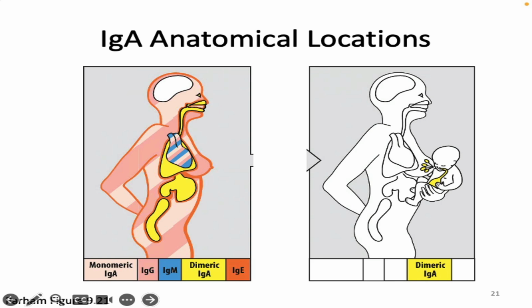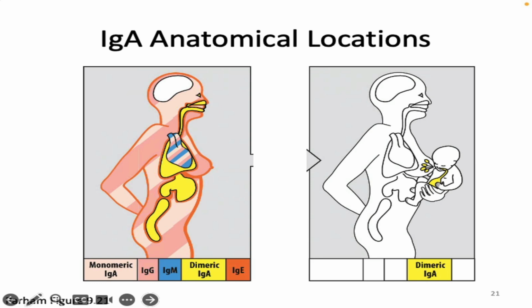I don't usually think about that one. I mostly think about dimeric IgA. And what you'll notice is that dimeric IgA is in the lung, it's in the GI tract, it's in the genital tract, it's in the eyes, it's in the nose, it's in the mouth. You can see all of those body locations where IgA is particularly good at being able to neutralize microbes.